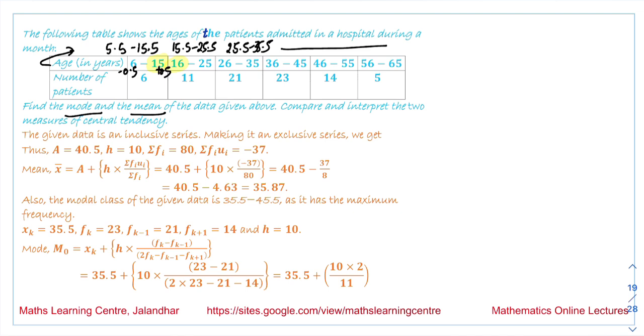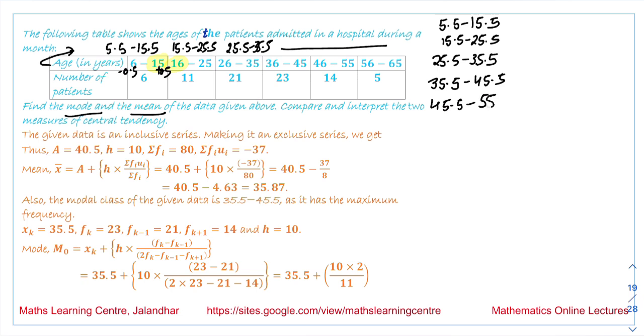So we are writing this data in the form 5.5 to 15.5, then 15.5 to 25.5, then 25.5 to 35.5. Next we are writing 35.5 to 45.5, then 45.5 to 55.5, and then 55.5 to 65.5.